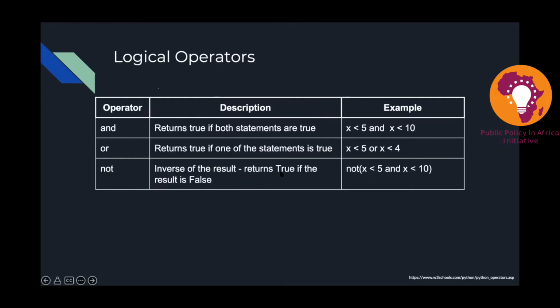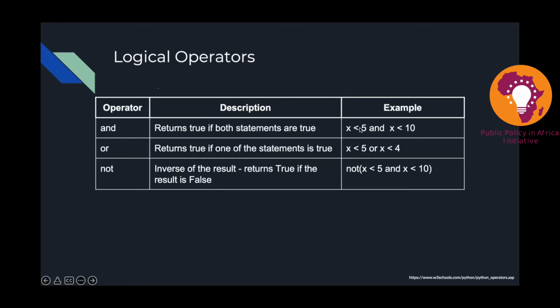So next we have logical operators. These are used between two expressions that are Boolean expressions, as we discussed earlier. So x less than 5 is a Boolean expression, x less than 10 is a Boolean expression. So we use and if we want to know if both of them are true.